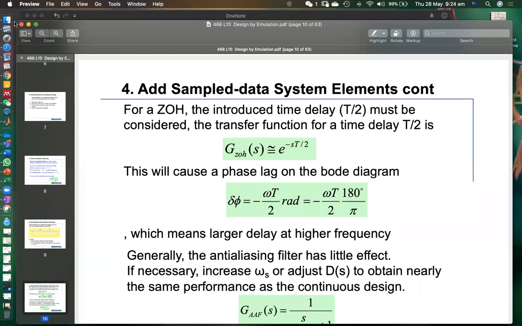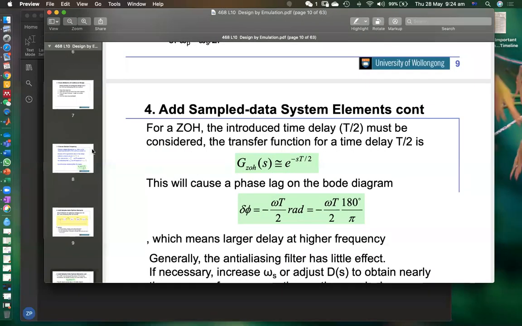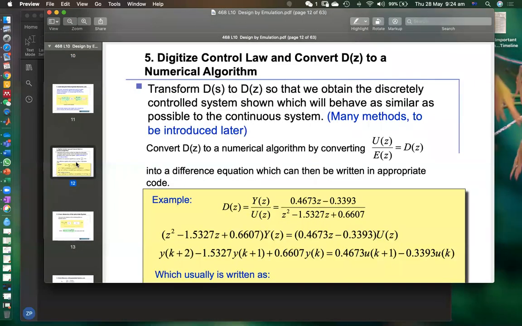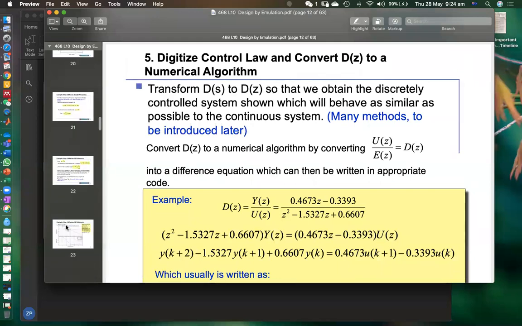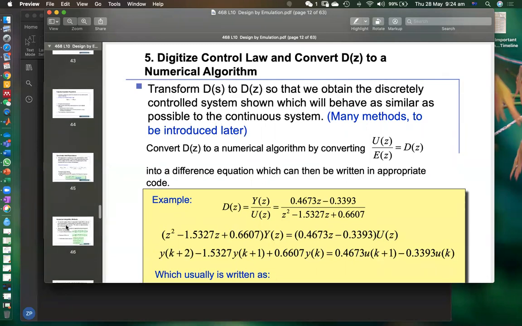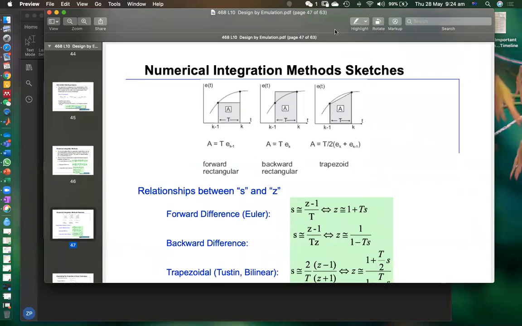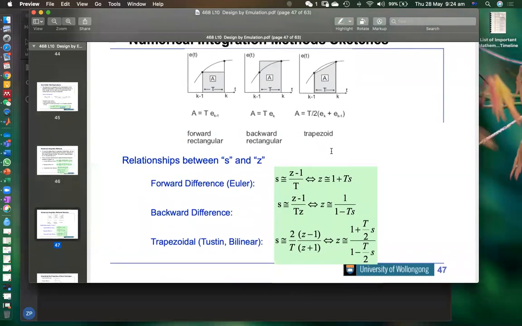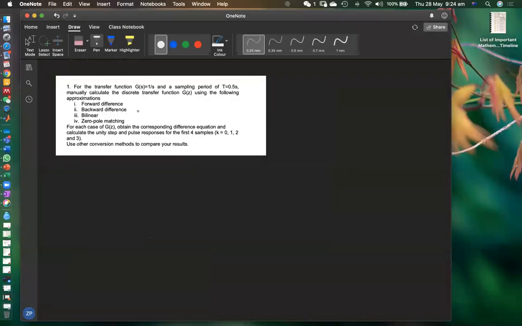Okay, the zero pole matching, right? That's okay. Let me show you. So this is the formula we use to do the first three methods: forward difference, backward difference, and also trapezoidal. We just use the left half here and replace what is in here.